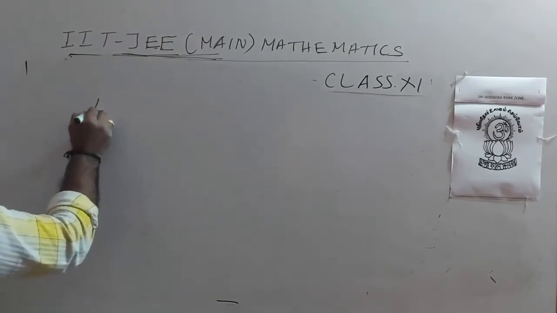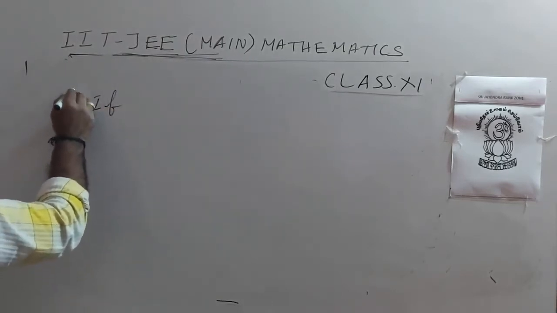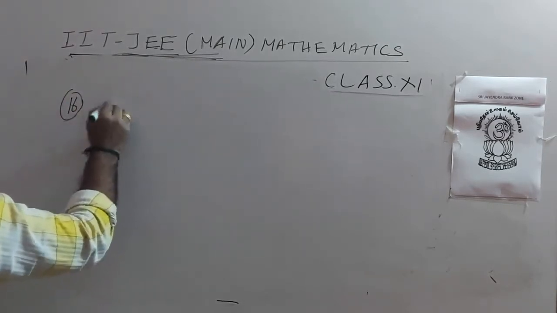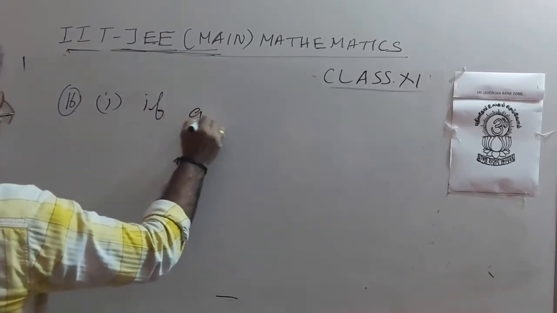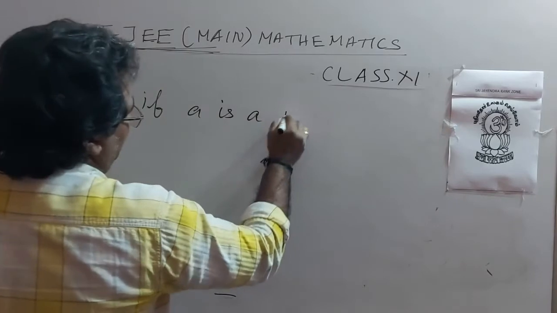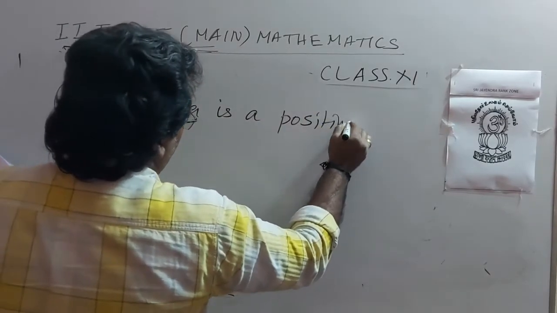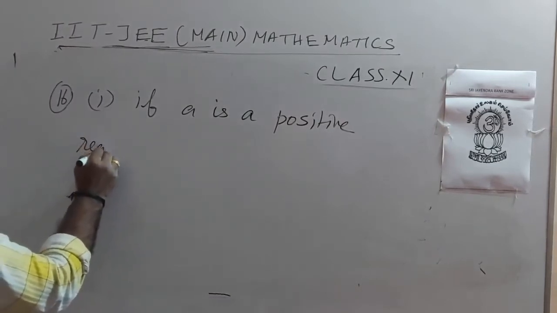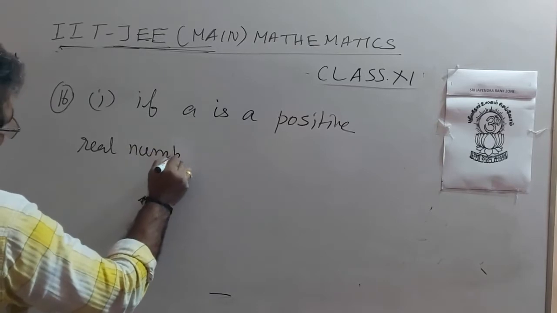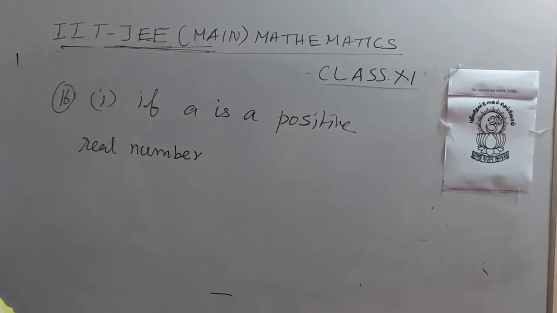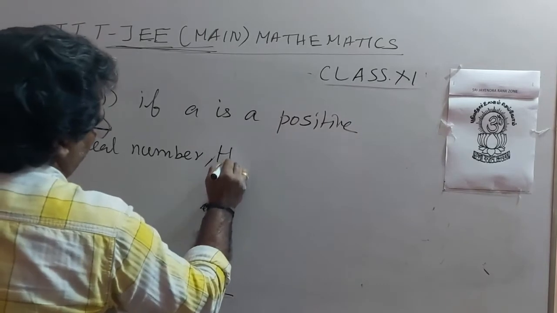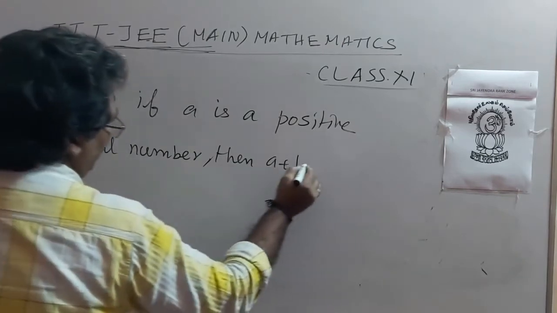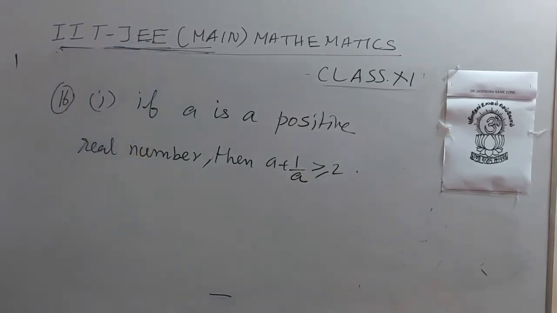If a is a positive real number, then a plus 1 by a is greater than or equal to 2.